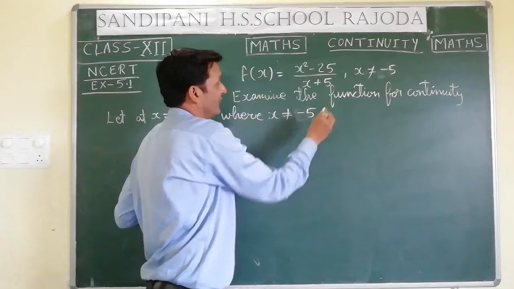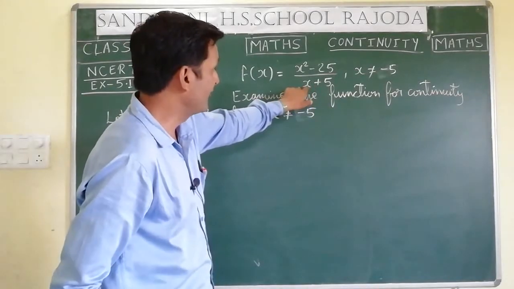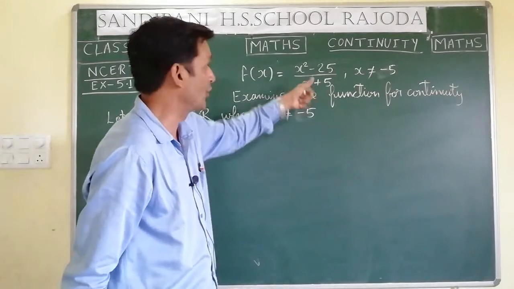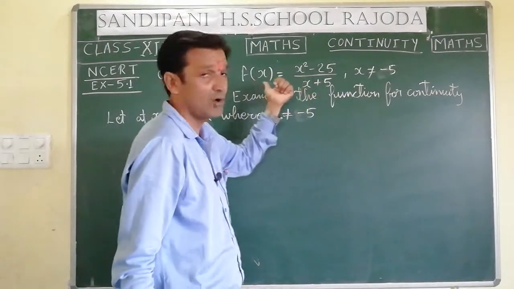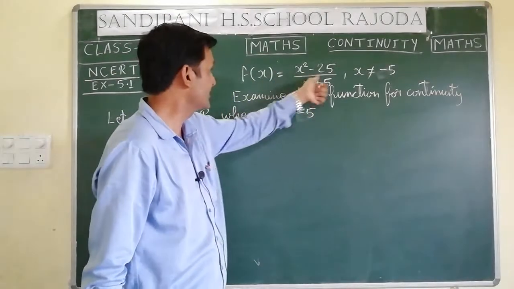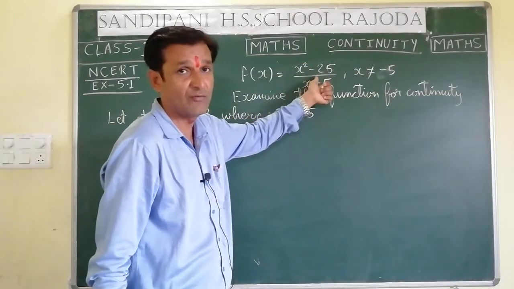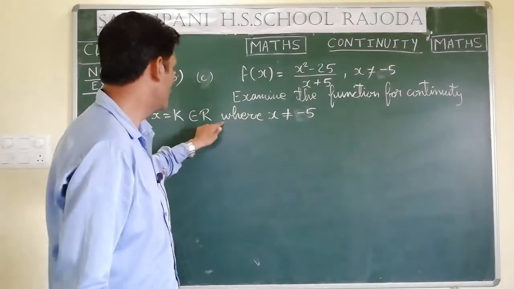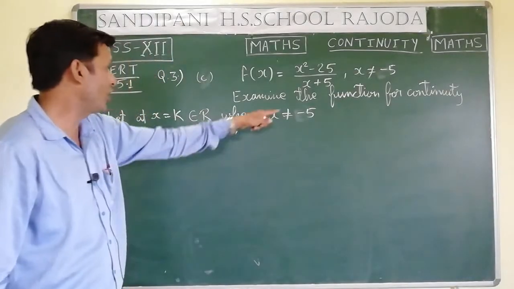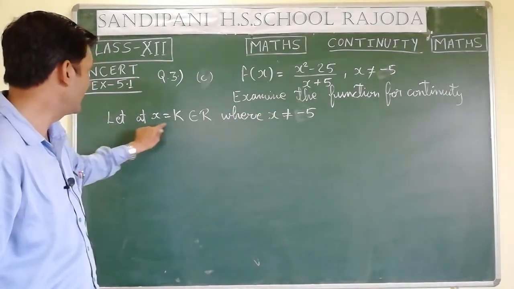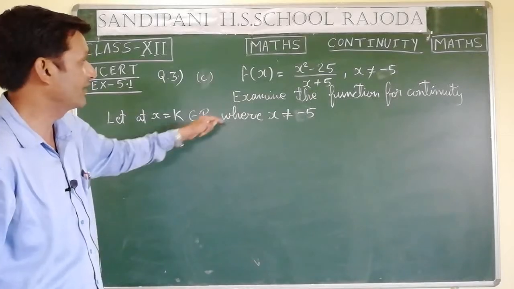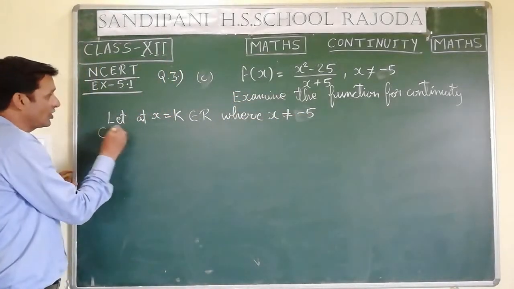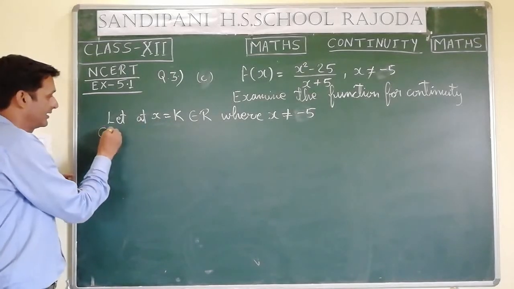Here it is minus 5, because at minus 5 the denominator will become 0: minus 5 plus 5 will be 0. And if the denominator becomes 0, again I am explaining this, then the function's value will become infinity, because something upon 0 is infinity. So for k not equal to minus 5, we are taking any real number where we are examining the continuity. So now the continuity test is on this point k.